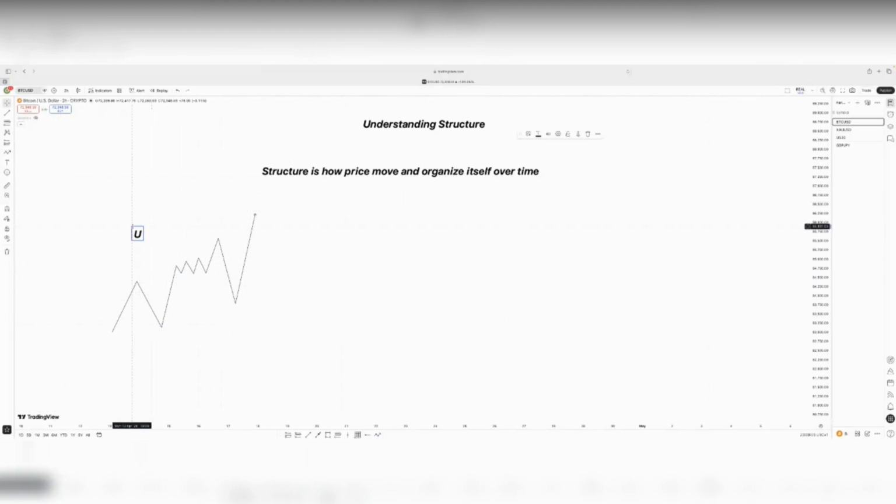An uptrend is a series of higher highs and higher lows, where each low is expected to create a new high.